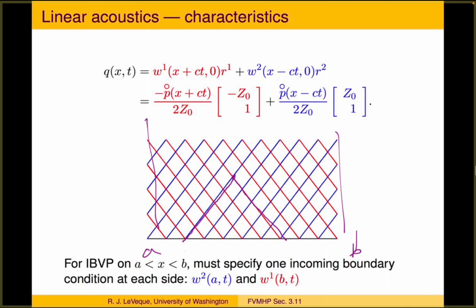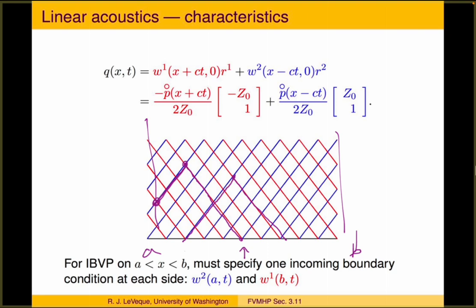On the other hand, if we took a point, say, here, instead, then tracing back this characteristic, we would evaluate our W1 characteristic value at this point from the initial data, but when we trace back this characteristic, we hit the boundary. And so in this case, we would need to get the W2 characteristic coming from this point on the boundary.